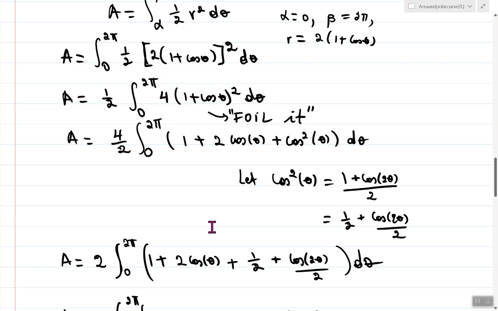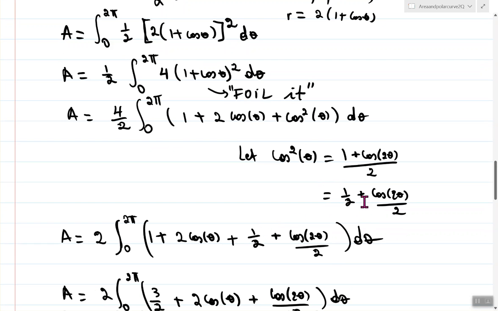At this stage, we know how to integrate 1, and we know how to integrate 2 cosine theta, but to integrate cosine squared theta, we have to go back to using the double angle formula. So cosine squared theta is 1 plus cosine 2 theta over 2, which we can rewrite as 1 over 2 plus cosine 2 theta over 2.